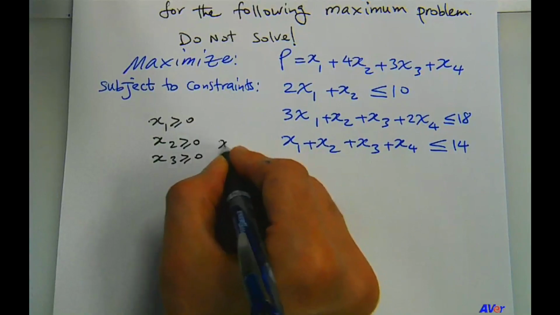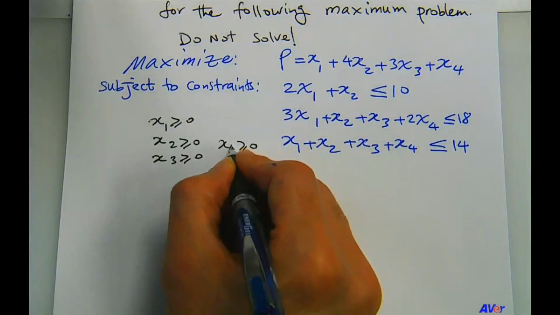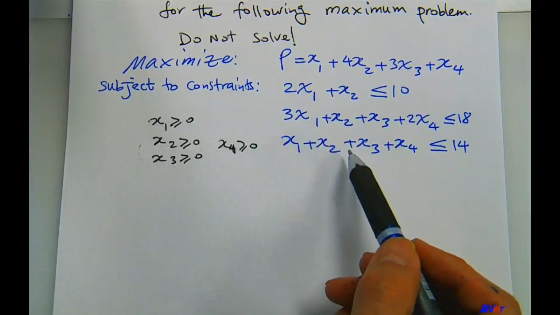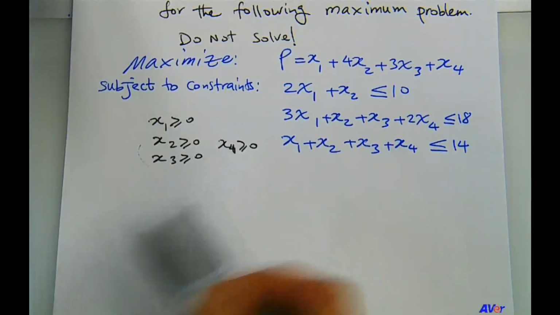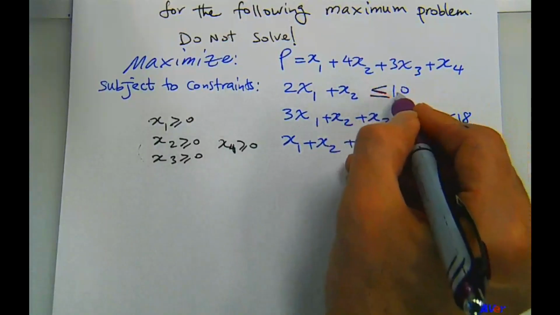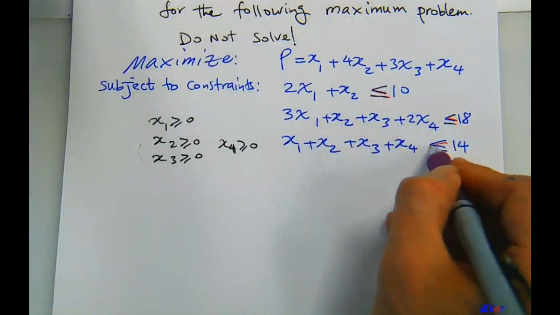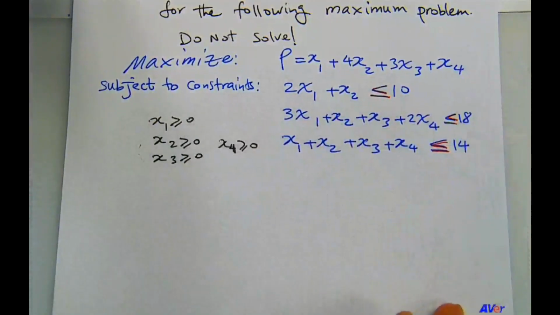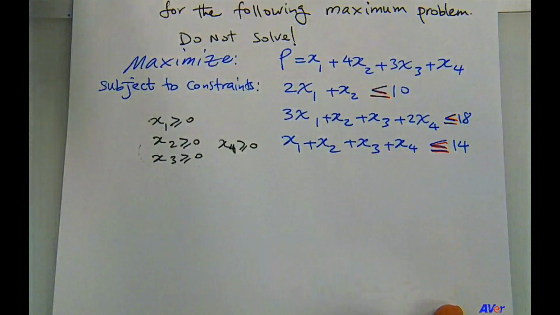So let me add x4 also greater than or equal to 0. All three non-basic variables are positive, and each of the constraint inequalities is less than or equal to a positive constant. So yes, this is a standard maximum problem.